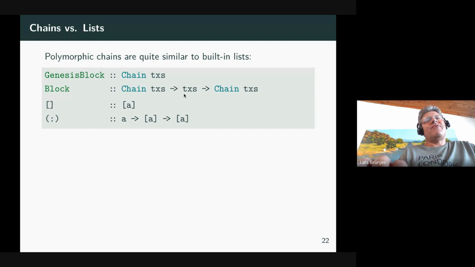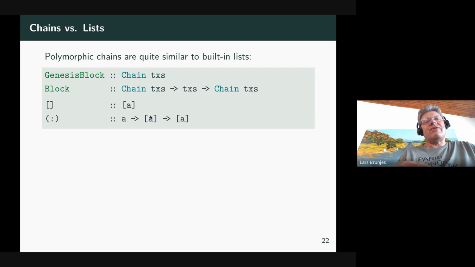And similar for lists, we have this thing, the empty list. The empty square brackets represent the empty list. And we have the colon operator. If you notice, it's a little bit the other way around. For the Block constructor, we first had the recursive argument, the chain, and then the payload.